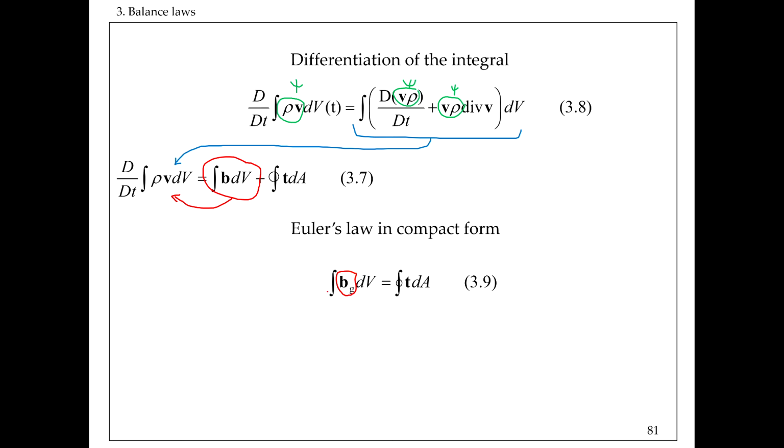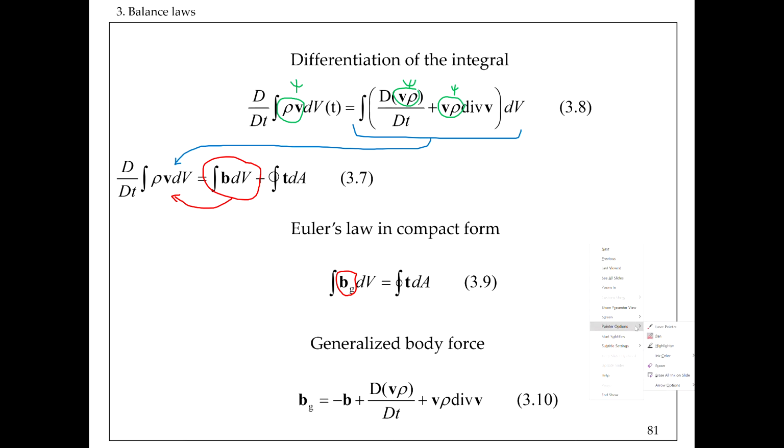All of that we'll call the generalized body forces. What we had in there was obviously B, the body forces as we know them, with minus, and also the d(v rho)/dt plus v rho divergence v. So we can just define it again: we redefine the body forces as those terms that appear under the integration over the volume.